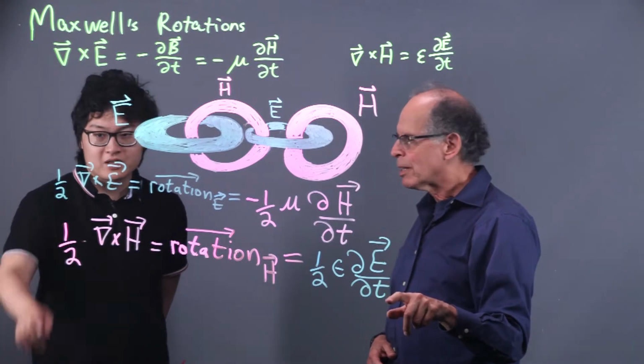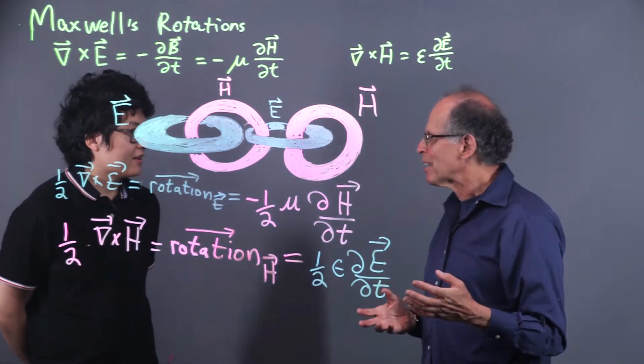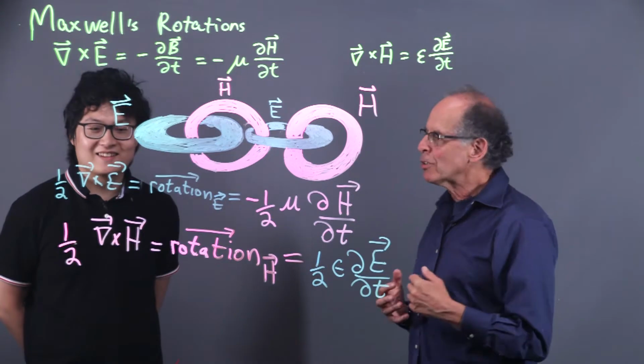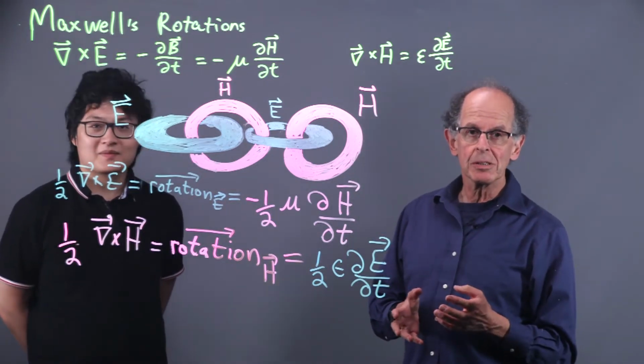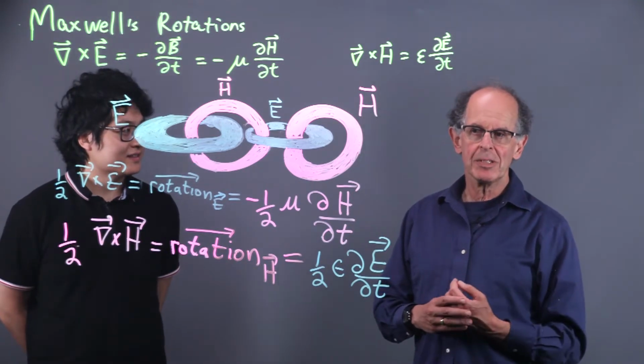Oh wow. What's with the 1/2 business? Oh, the 1/2 business comes from a class exercise relating to the curl of velocity. And we'll actually show in the class exercise that 1/2 the curl of the velocity is equal to the angular velocity. Okay.